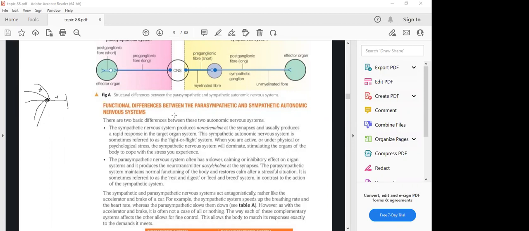One more important thing I want to tell you: the role of the myelin is to speed up the traveling of information, right? So if it has myelin, the information will travel faster, and if it does not have myelin, the information will not travel that fast, right?